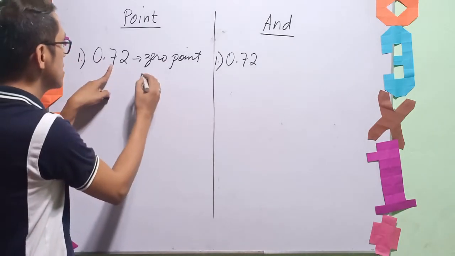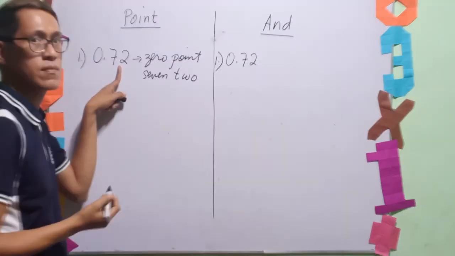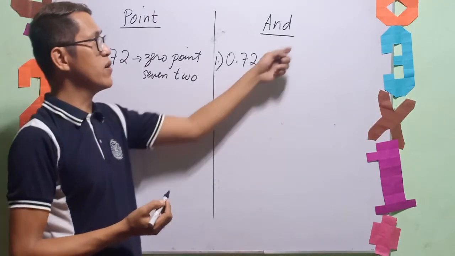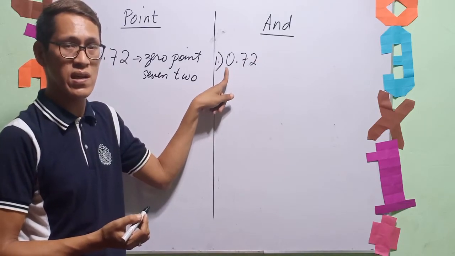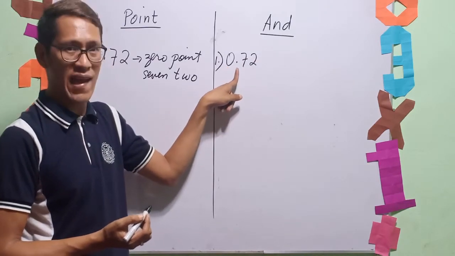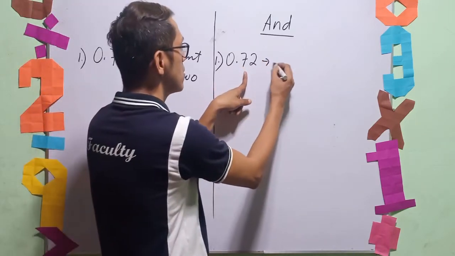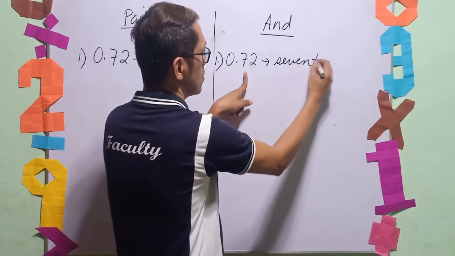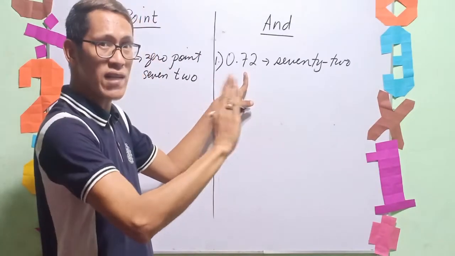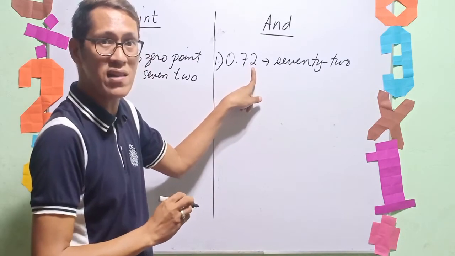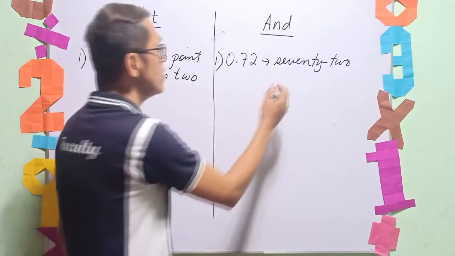So 0.72. But here, if you use "and," since there is no whole number because it's 0 here, you don't need to say 0 and. Just read right away this number as 72. Then the rightmost digit has a place value of hundredths. So it's 72 hundredths.